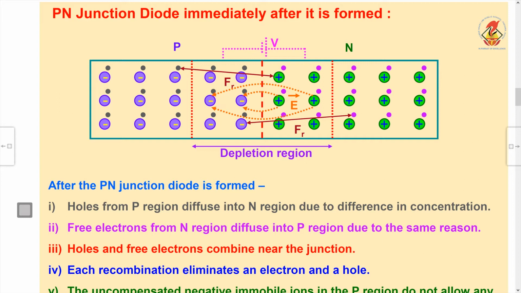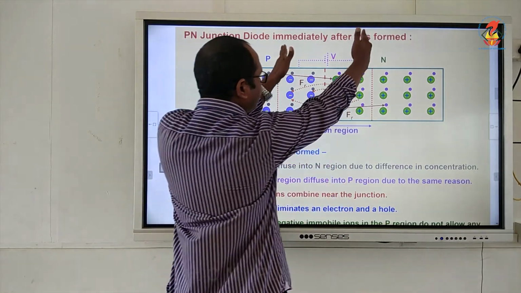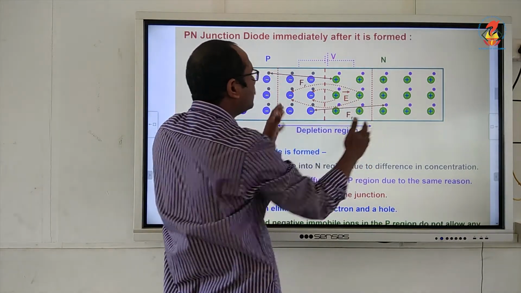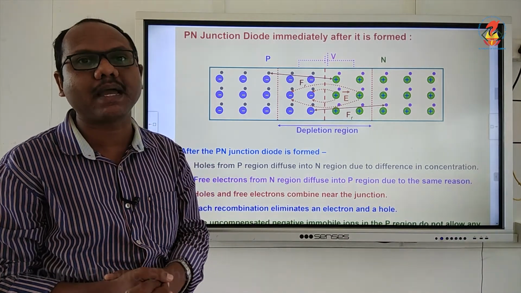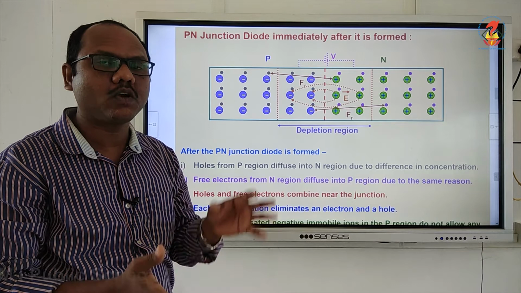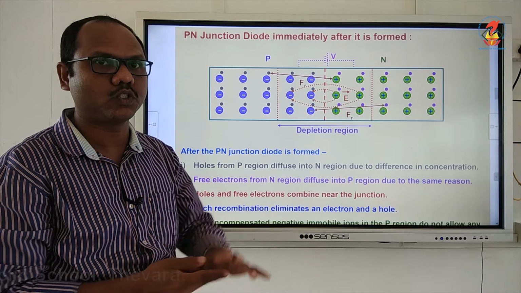Similarly, electrons from the N side will cross the junction and move towards the P side and combine with the holes. So, in this region which I am showing, the electrons and holes are recombined. Electrons combine with the holes.